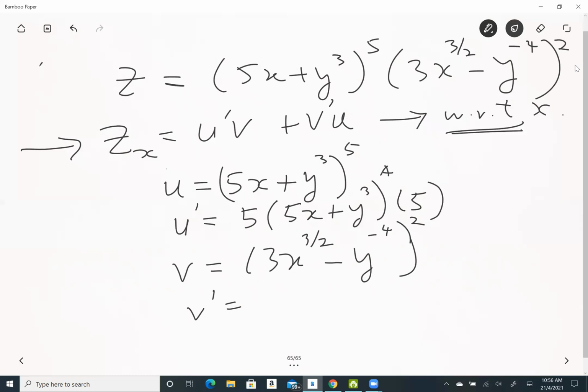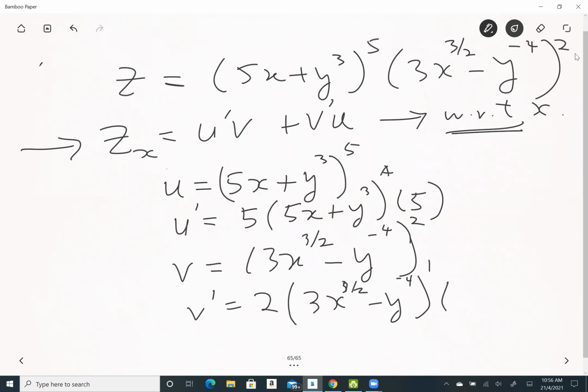So you got 2 multiplied by everything in the bracket, reduce the power by 1, and then you have to differentiate the terms in the bracket, which is the x only, because y is a constant.